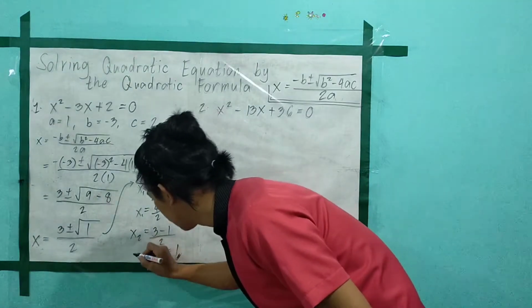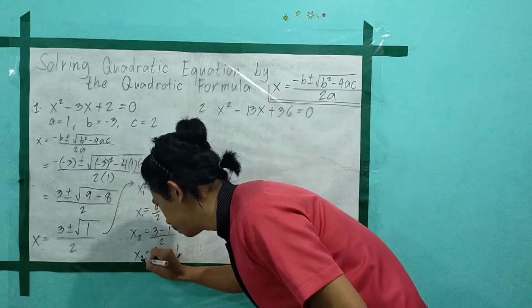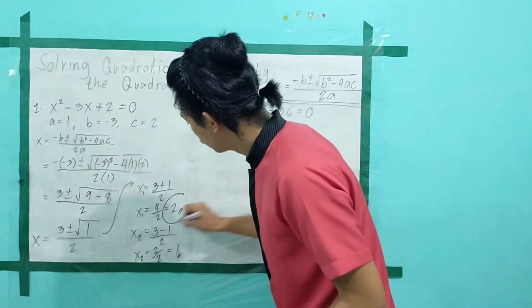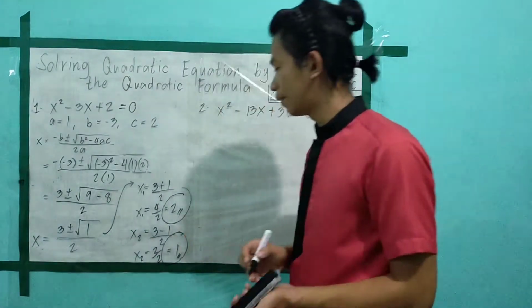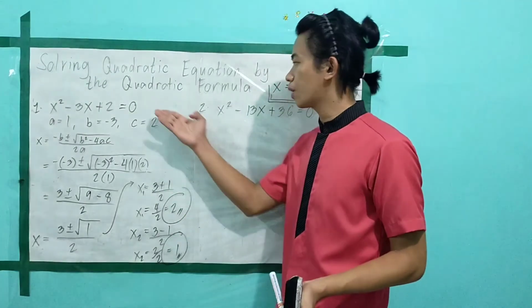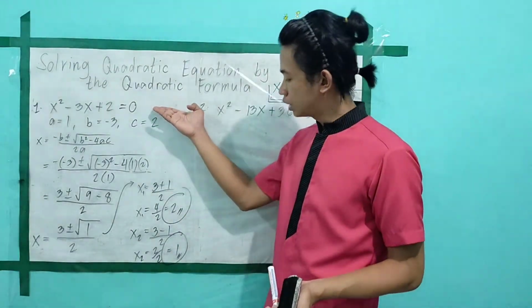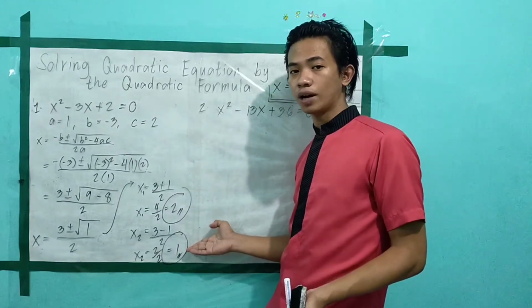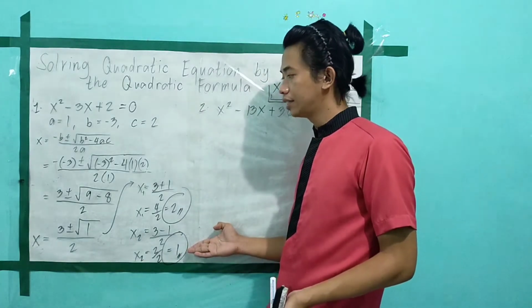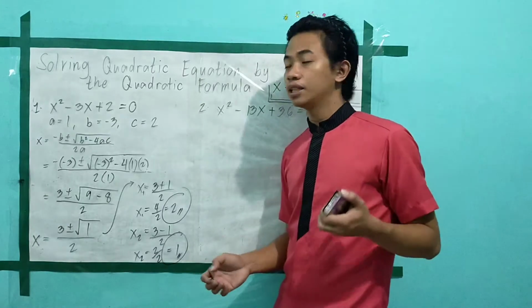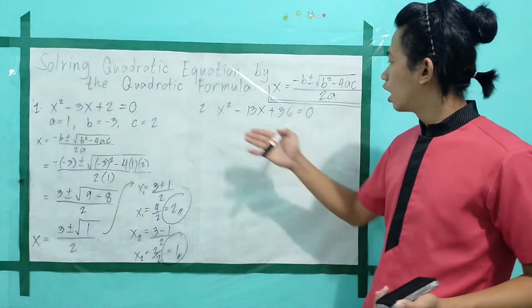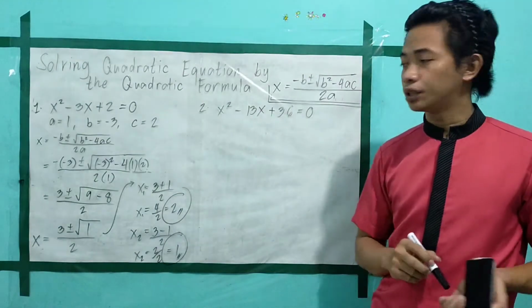Therefore, ang ating x sub 2 is equal to 1. So, ang ating sagot is 2, then 1. Or the solution of the given equation is 2 or positive 1. Okay? So, ganun lang kadali yung solving quadratic equation by the quadratic formula. Okay, proceed tayo sa problem number 2.